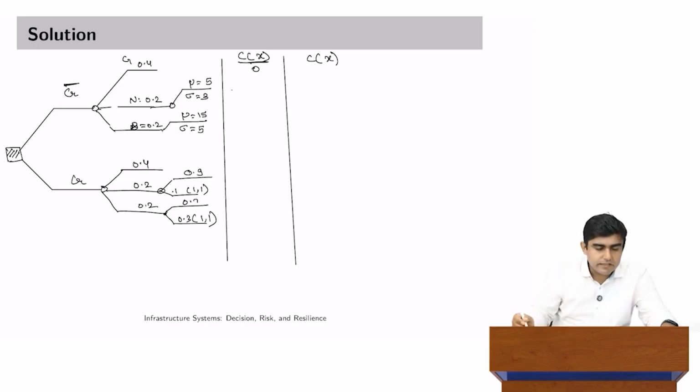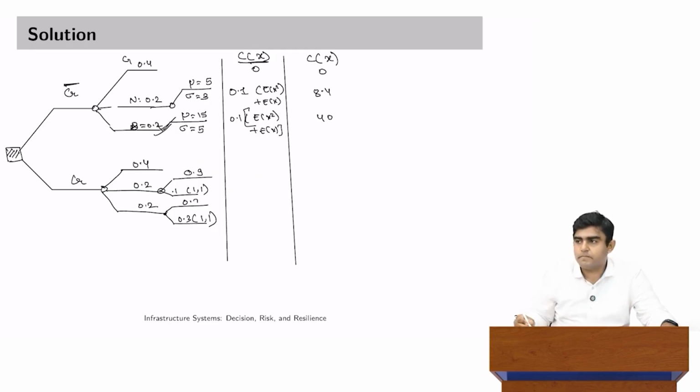Then in second case, we get this particular number as 0.1 into Ex square plus Ex. We already did this calculation. So this number came out to be 8.4. In next case, this number came out to be 40. Again same concept, E of x square plus Ex, but with different values of expectations coming for this particular branch.